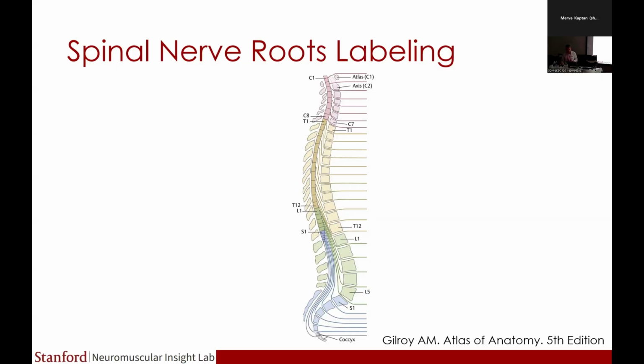So the T1 spinal cord segment exits under T1 here. It's good to have this understanding. If you look down here in the lumbosacral cord, you can see that the cord stops around T12, L1, and then you get the cauda equina. Those are the nerve roots that then pass down and out of the vertebral levels farther below.